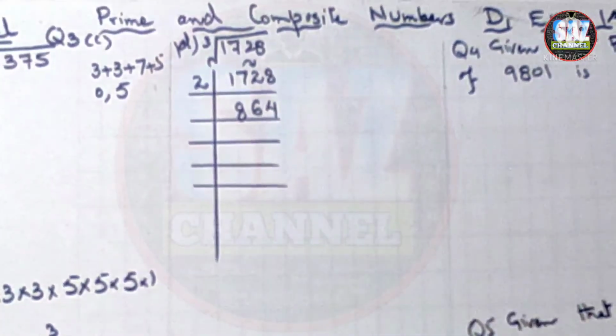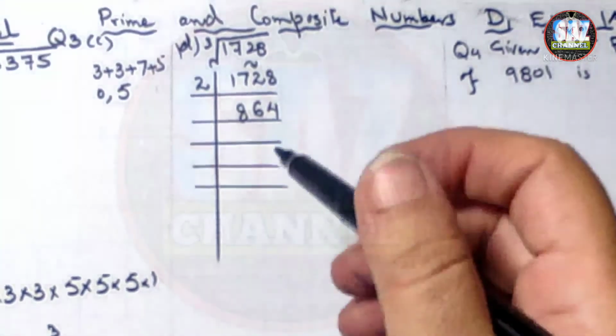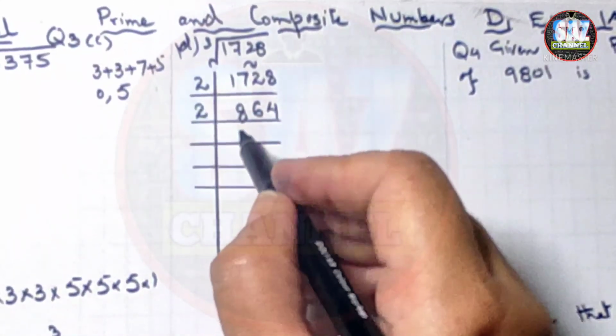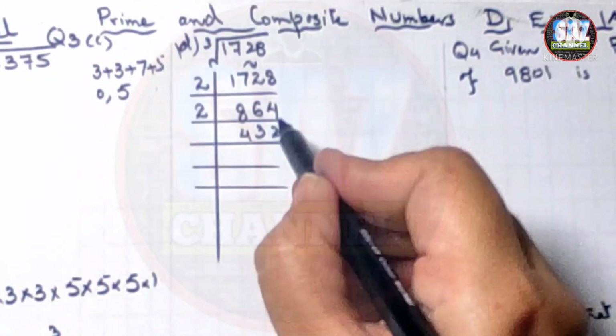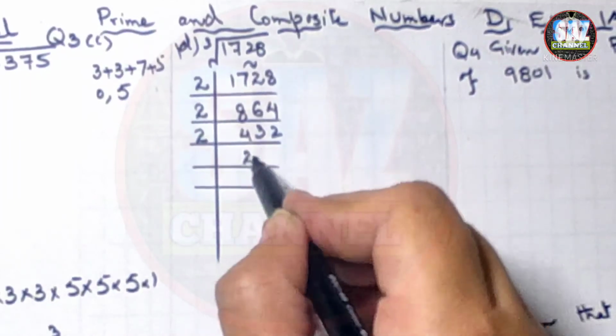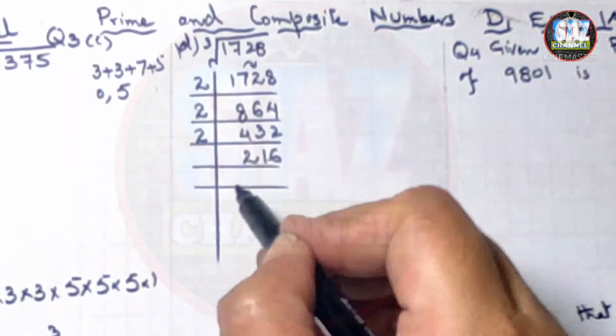And again, what we have to do is think about which number is suitable for 864. Unit digit is 4. We can easily divide this number again by 2. 2 4s are 8, 2 3s are 6, and 2 2s are 4. Again, the unit digit is 2, so 2 2s are 4, and then 2 1s are 2, and 2 6s are 12.